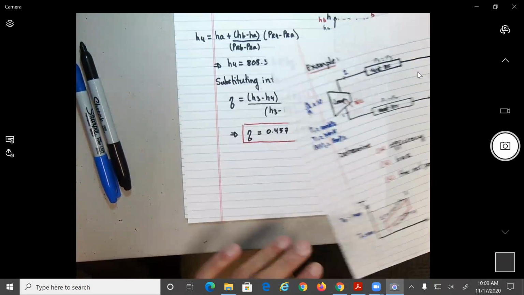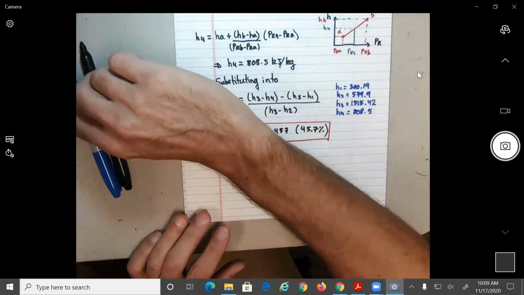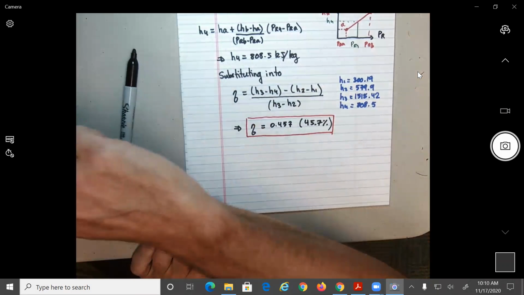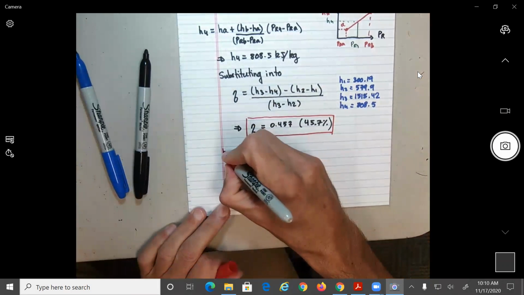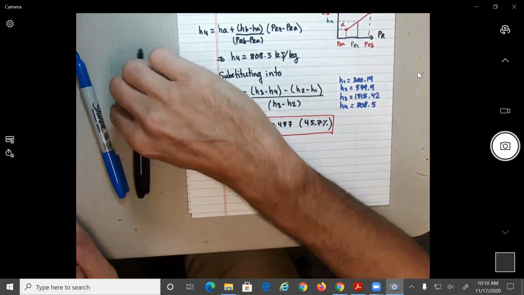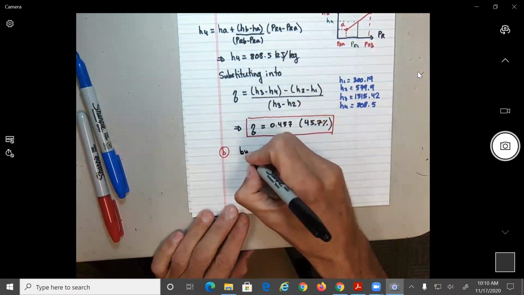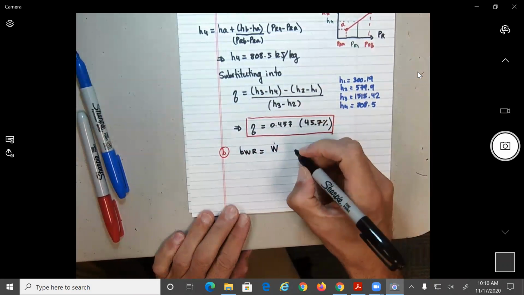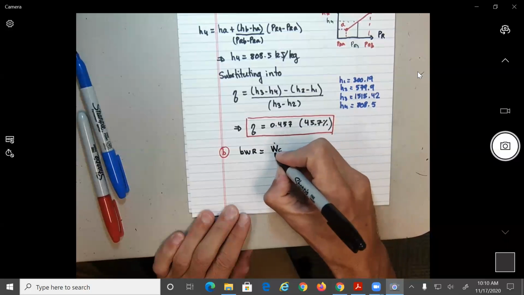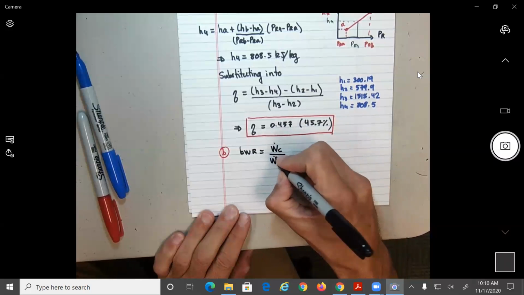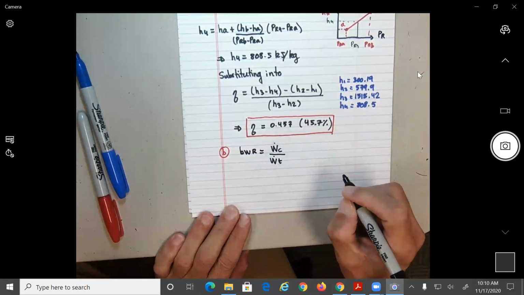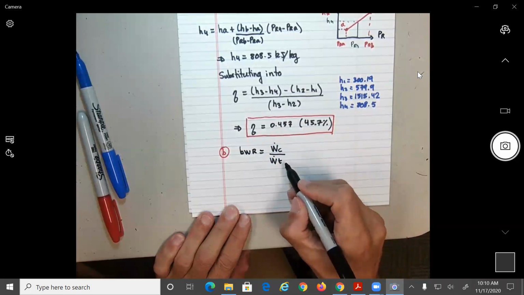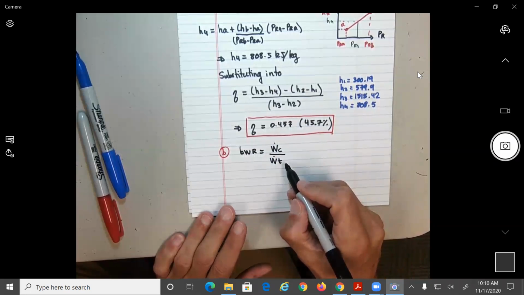So basically, we did the derivation, but the back work ratio is basically the percentage of the power that you need to run the compressor. So how much power you need to run the compressor divided by the amount of power generated by the turbine.